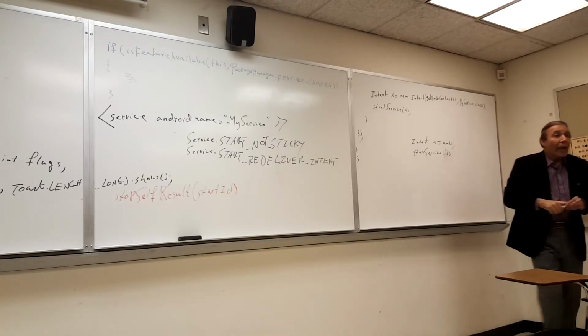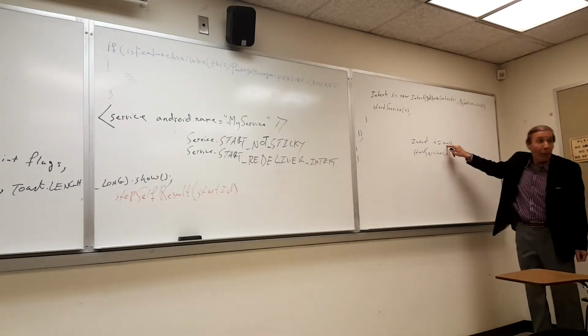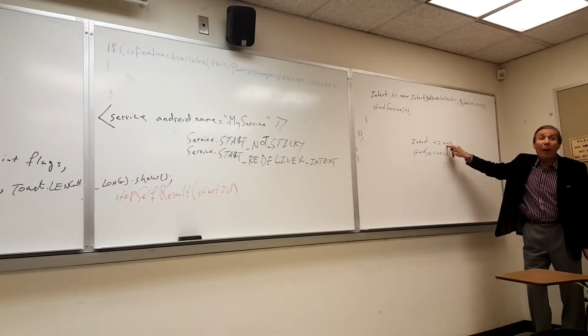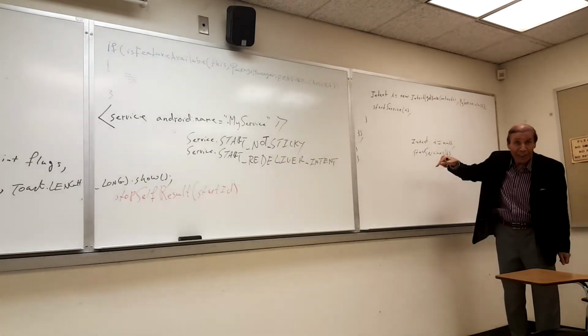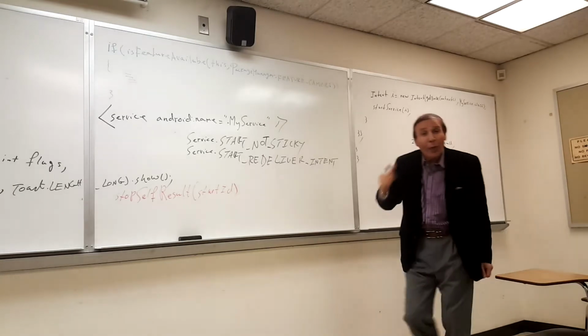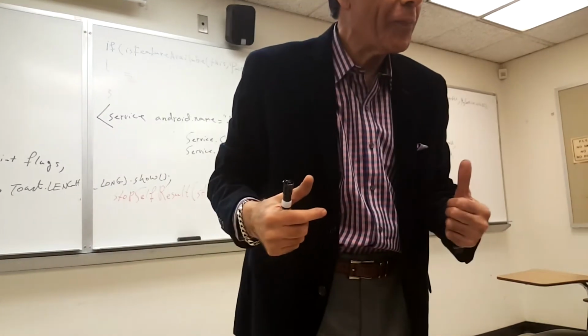If I want to start the service that I already started but finished the job, I can restart it again simply by passing null. If I pass null to the service, the service would know that null means it's using the previous intent.